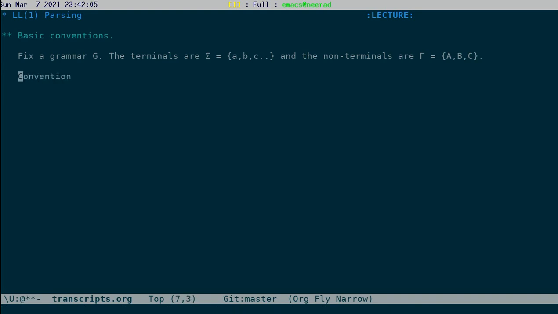The convention that we follow is lower case letters are terminals and upper case letters are non-terminals.